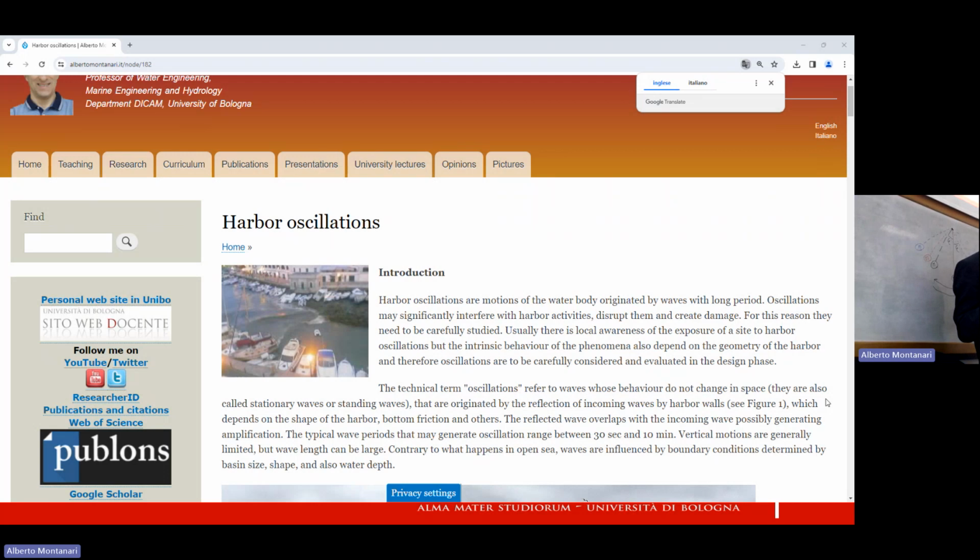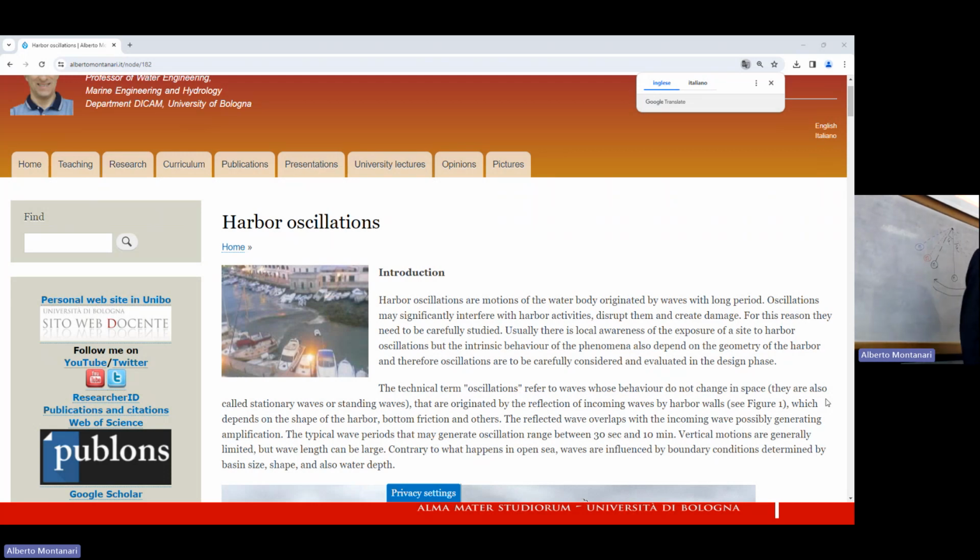So what we have to be concerned about is the coincidence of the period of the waves entering the harbor with the characteristic period of the harbor. Because if we have the same period, then we may have what are called harbor oscillations, which means you get an ever increasing amplitude of waves in the harbor. This is what we have to study.